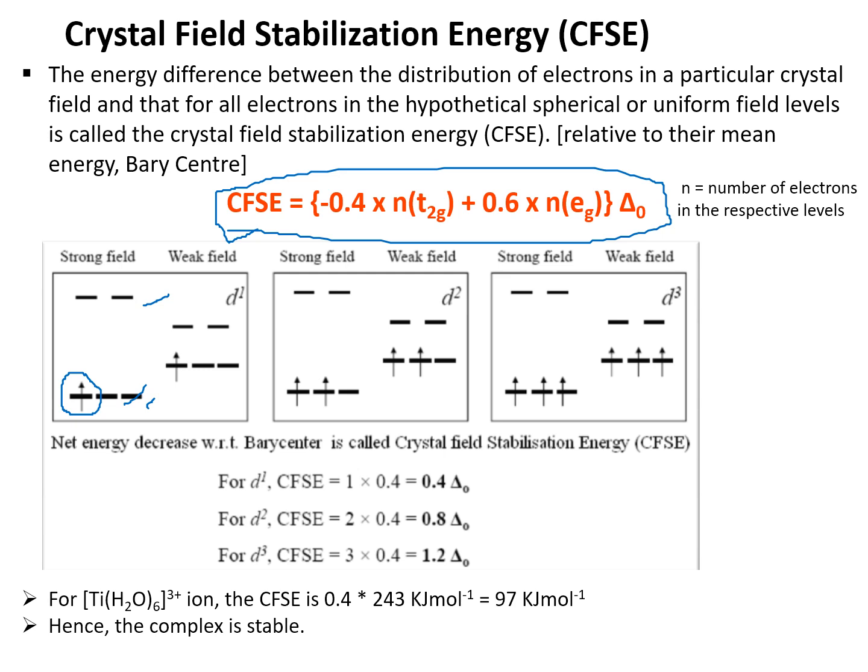So 1 into 0.4, and the final energy is 0.4 delta O. Similarly, with 2 electrons, we have 2 into 0.4, that is 0.8 delta O. With 3 electrons, 3 into 0.4, that is 1.2 delta O. So based on how many electrons are present in the t2g and eg levels, we can make the corresponding CFSE calculation using this formula.